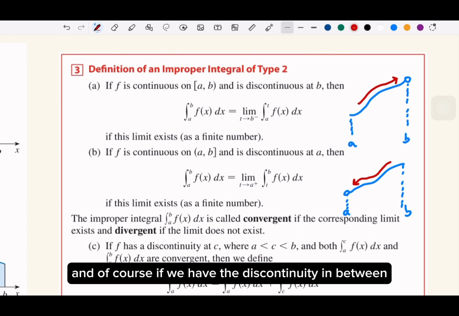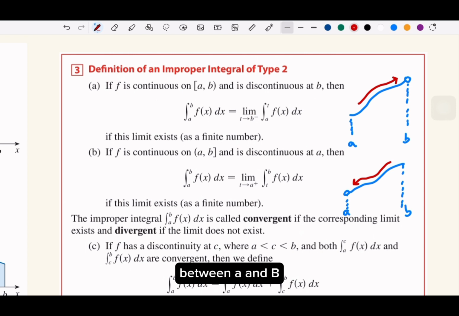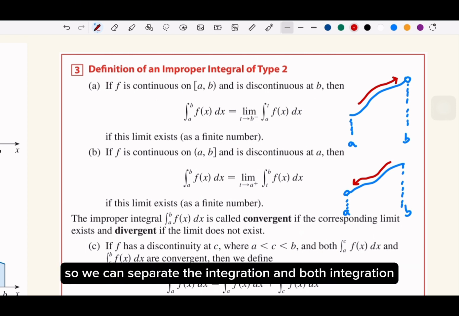And of course, if the discontinuity is in between, in the middle, say C is between A and B, we can separate the integration, and for both integrals we take the limit.